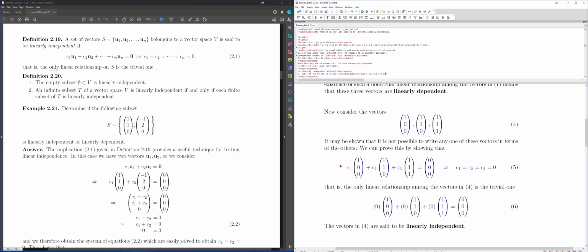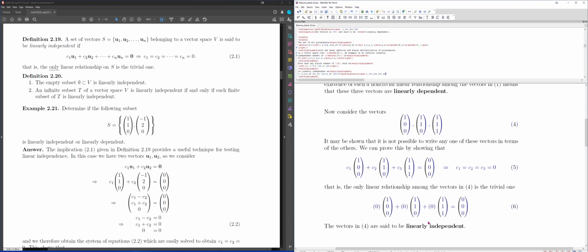If when you solve this vector equation your scalars all have to be equal to 0, then the vectors that you started off with are linearly independent. The fact that these scalars all have to be 0 is saying that the only possible solution to this vector equation is that C1 is 0, C2 is 0, and C3 is 0, which is this over here.